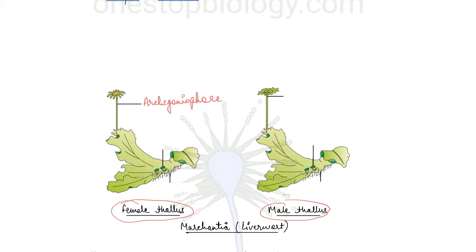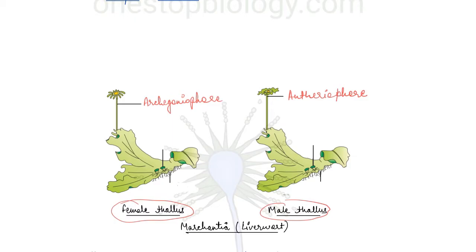Now what does the female have? Archegonia, right? So that is the female sex organ. And what is the male sex organ? It is antheridia. So the male thallus has the male sex organ, the female thallus has the female sex organ, which helps in development of spores which then germinate to form a new free living gametophyte.